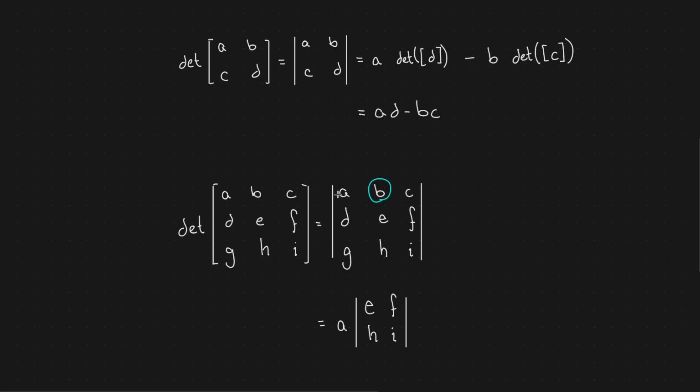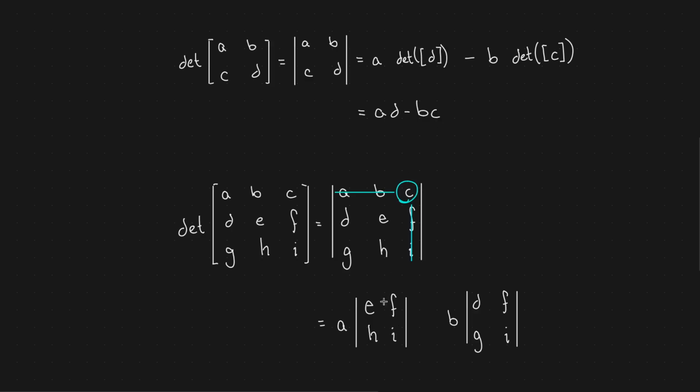Next element in the first row. I have B times the determinant of the elements that are left over. So B times the determinant of D, F, G, I. Finally, that last element in the first row, imagine canceling out the row and column.